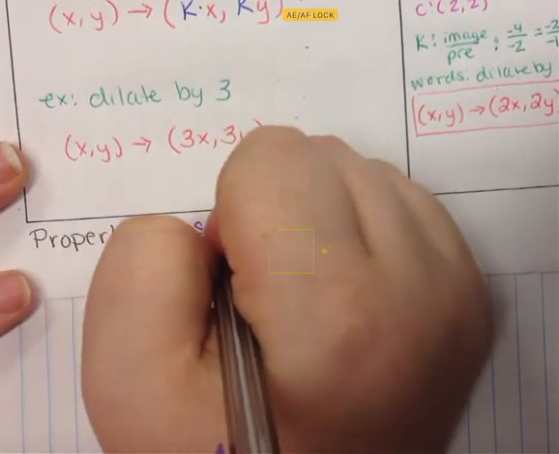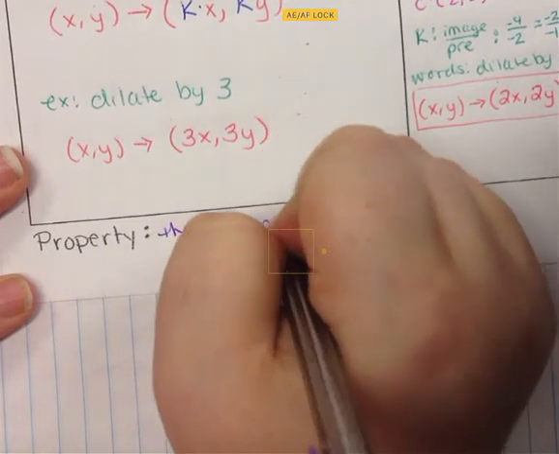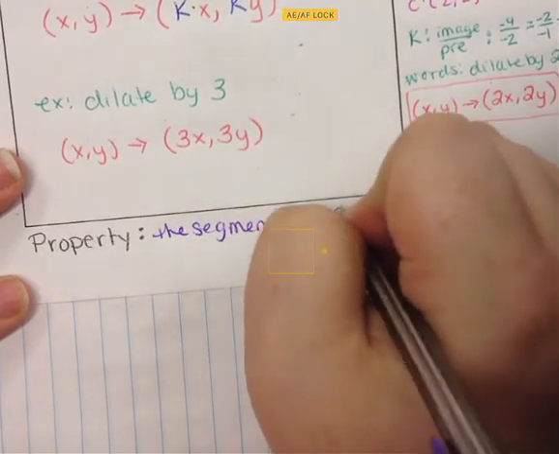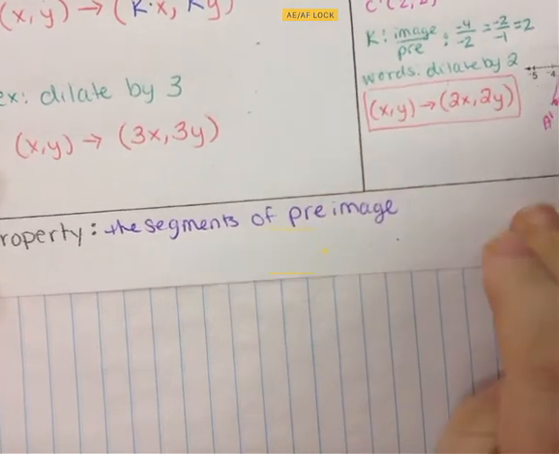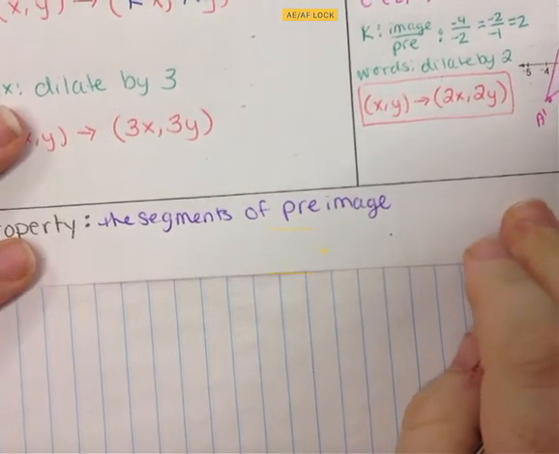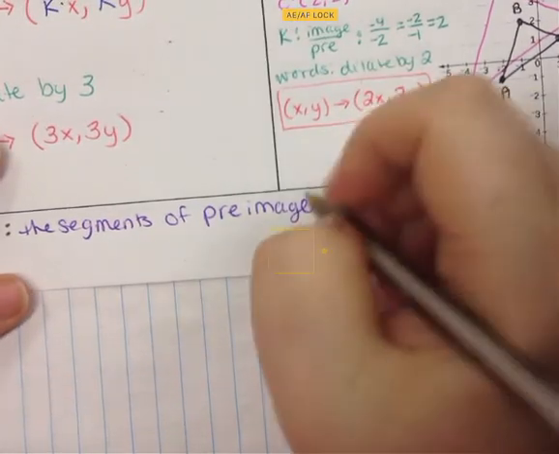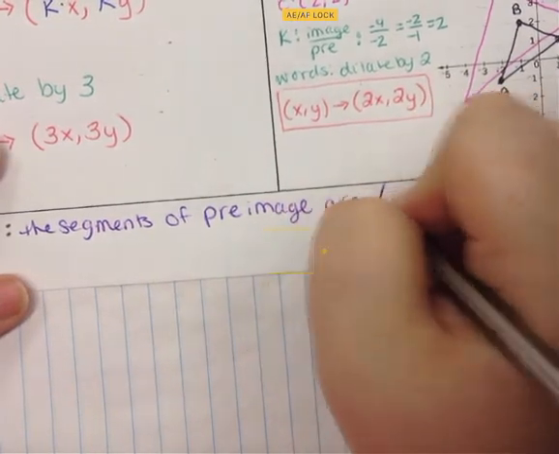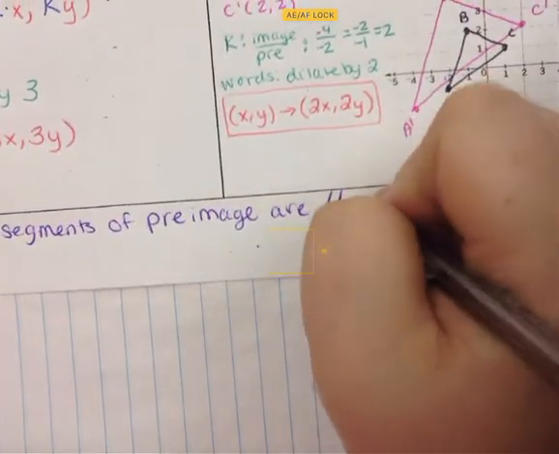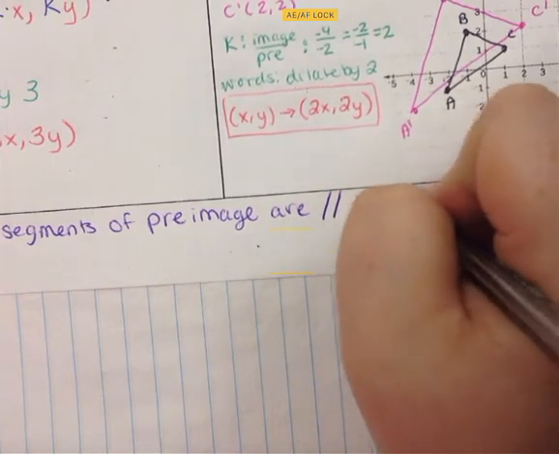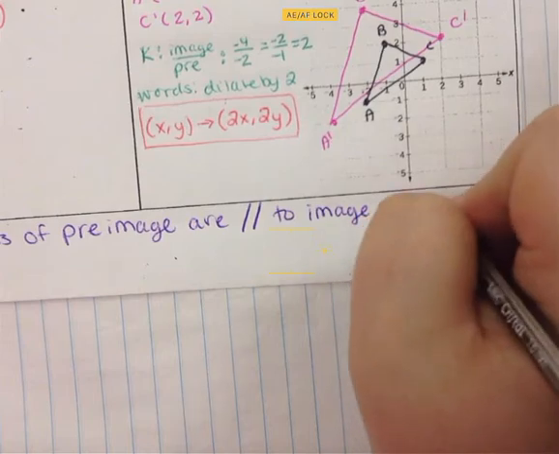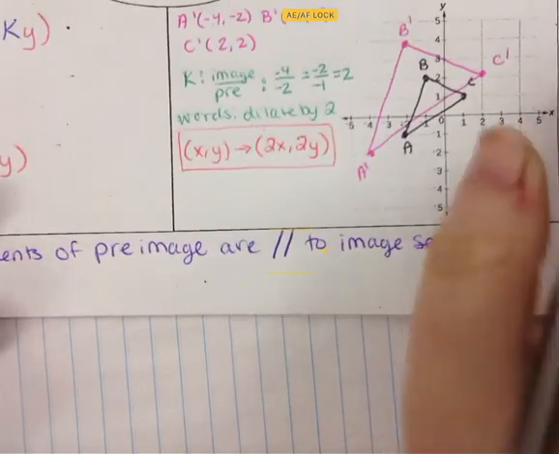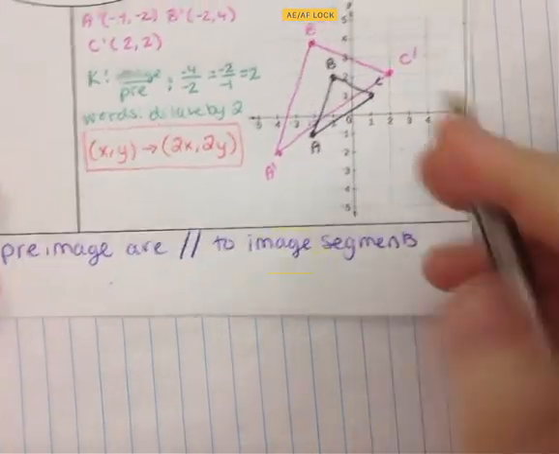The segments of the pre-image, so A to B, B to C, and C to A, are parallel to the image segments. That's the first part. That's the first thing we need to see.